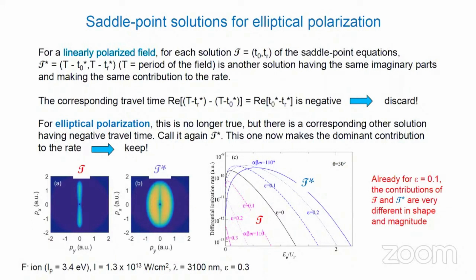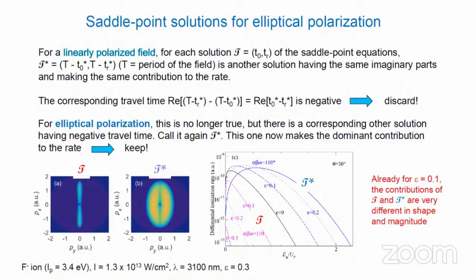Now, for elliptical polarization, the statement here is no longer true. The second solution here is no longer a solution, but there is a corresponding solution that develops out of it. And it turns out the second solution is now the dominant one. If we only take the standard solution, this one here, it doesn't really yield the effect that we are after. However, on the contrary, the second solution gives a very good description.